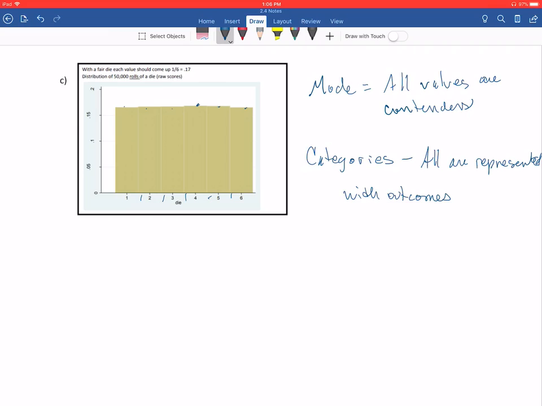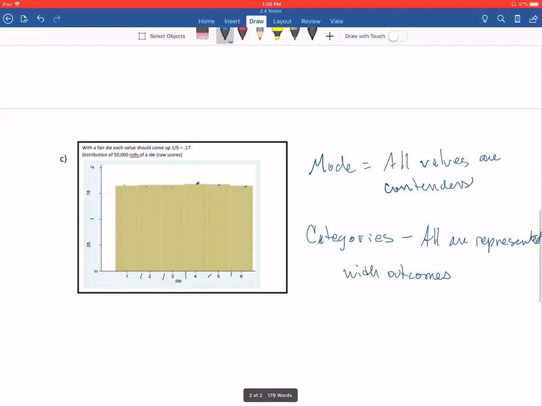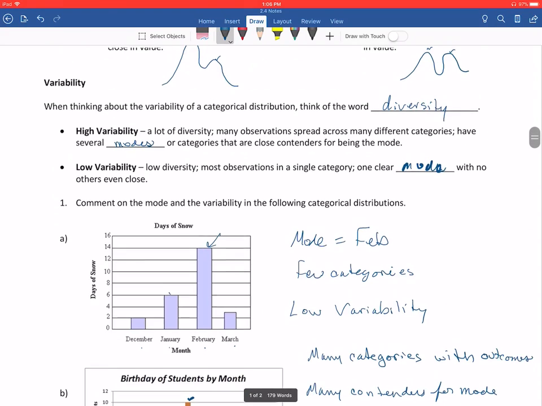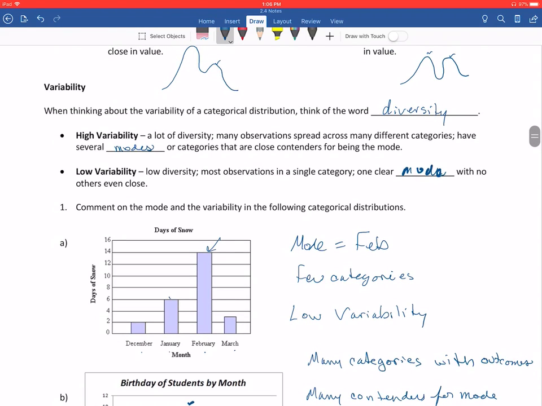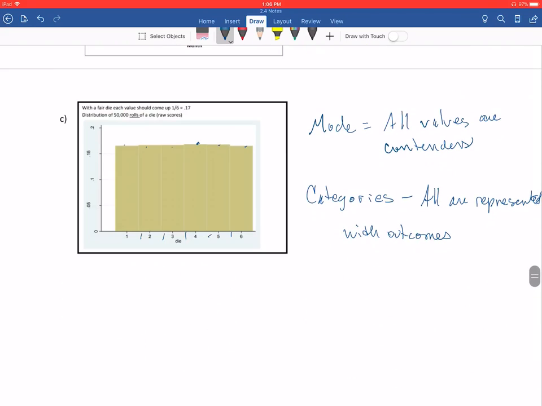So if I think back, we have all of our categories having outcomes in them and all values being contenders for the mode. So if we look back at our situations here, this would definitely be a high variability situation.